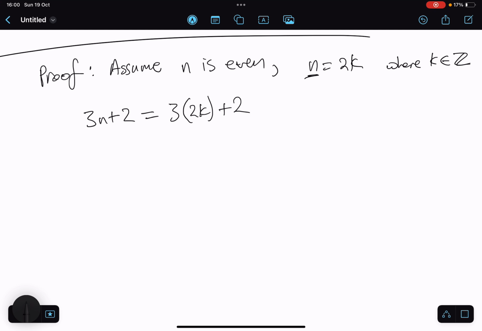Since n is even, where there's n in 3n plus 2, we have 3 times 2k plus 2. Which means 3n is also even. So this is how you're going to represent it, and then this is 6k plus 2.